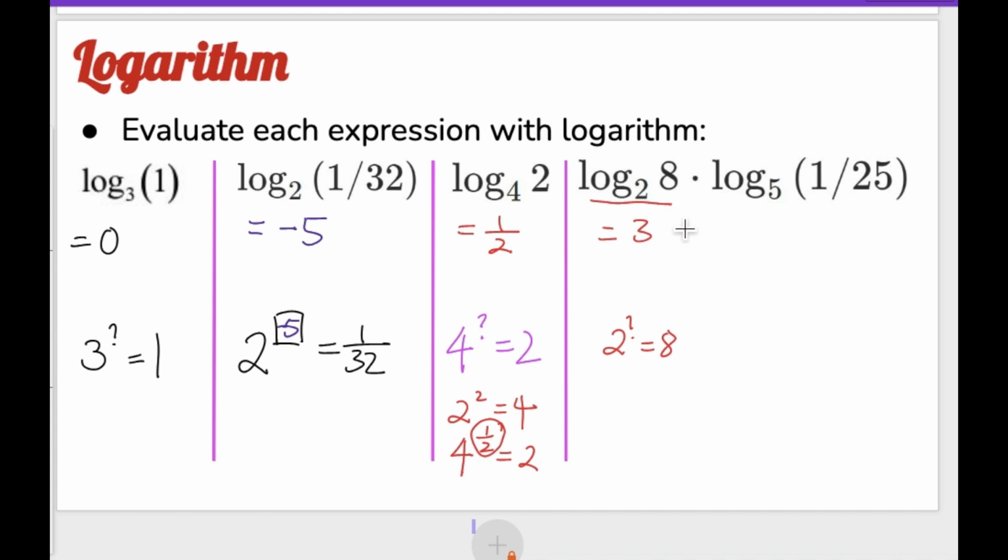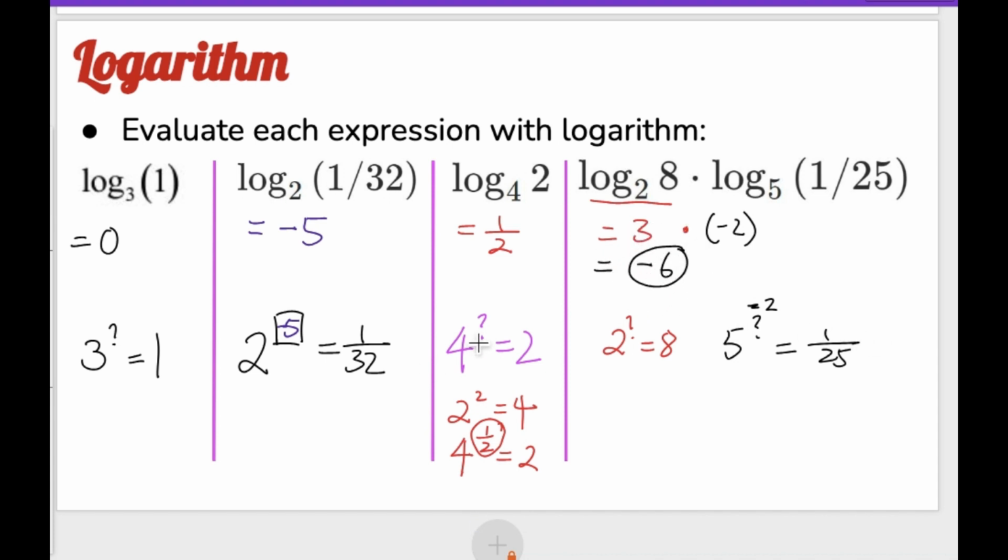So this is 3. The second part is asking us 5 to what power is 1 over 25. As we mentioned before, whenever we see 1 over, it is going to be negative, and 5 squared is 25, meaning negative 2. So this answer is negative 2. Now we just multiply these two together, so it is negative 6.